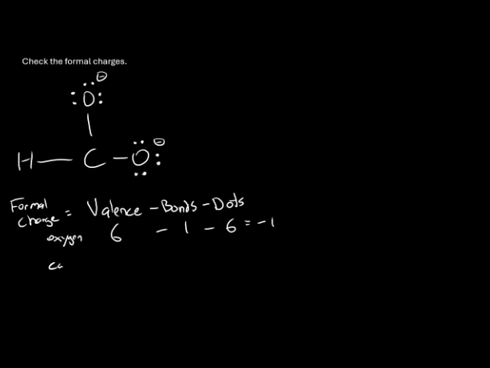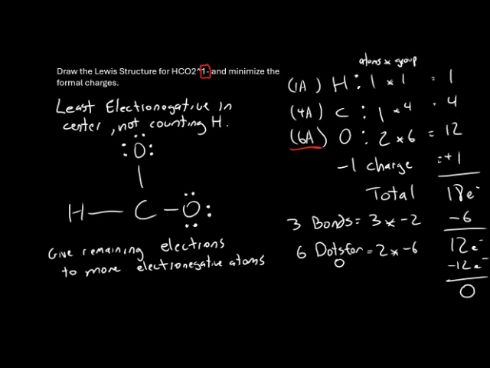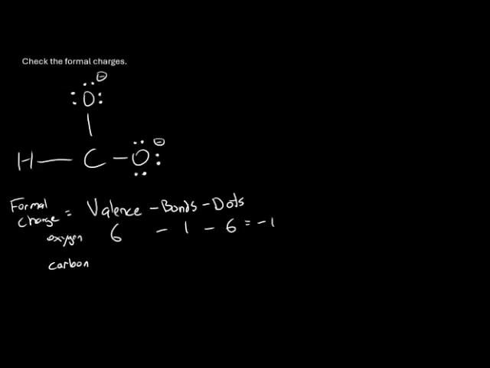Now for carbon, let's rerun the calculation. We said earlier that carbon is in group 4A. Therefore, we'll say there's a valence number of 4 minus 3 bonds connected to carbon, no dots around carbon, and so its charge is +1. We'll place a positive sign next to carbon to show that.